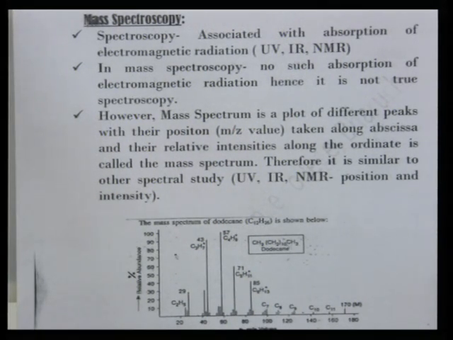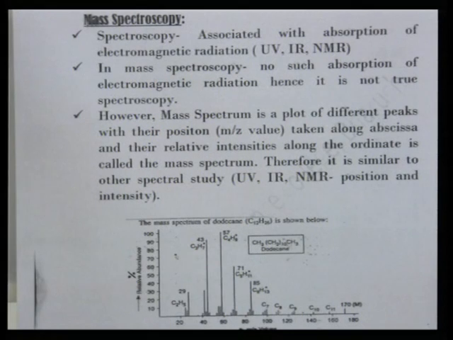So, in this figure the mass spectrum of dodecane, C12H26, is shown. Different peaks and different groups of peaks are there. A different cluster of peaks is observed in the mass spectrum when plotted as m/z against percentage relative abundance.